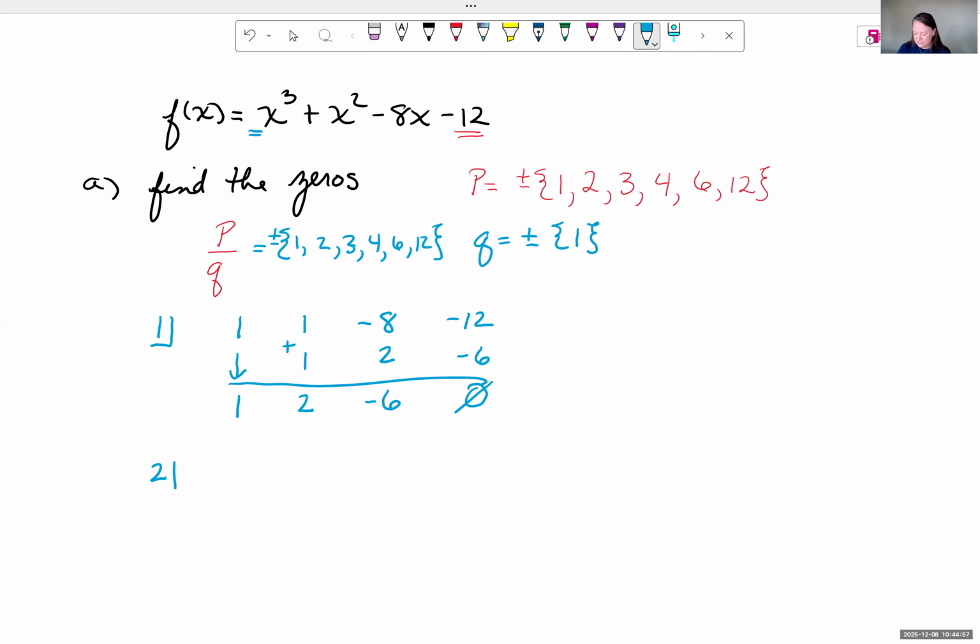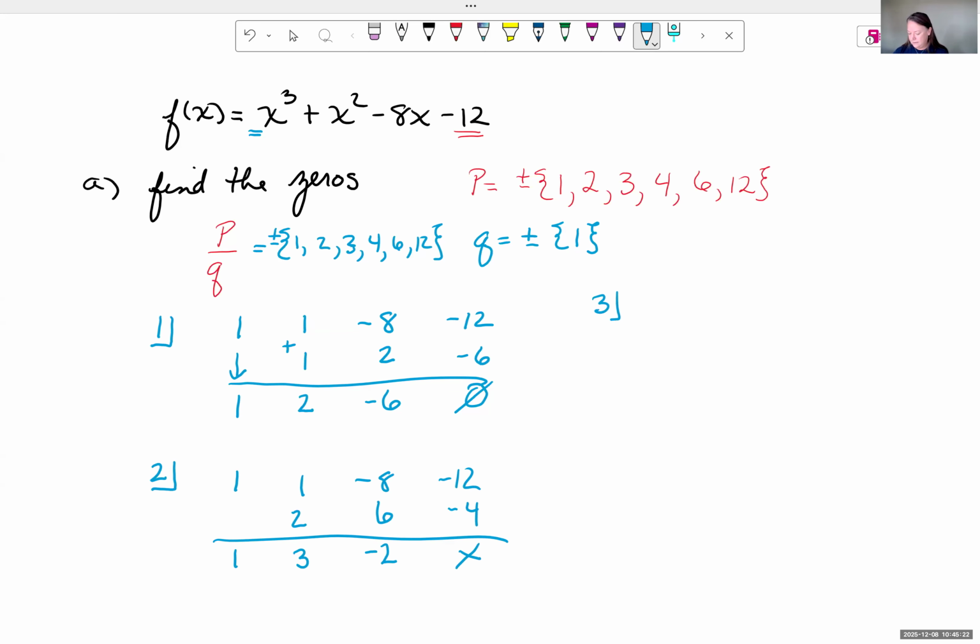So then I just go down to my next number, 2. Again, writing the same coefficients, 1, 1, -8, -12. So bringing down the first number 1, 2 times 1 is 2, 1 plus 2 is 3, 2 times 3 is 6, -8 plus 6 is -2, this is -4, it's not going to work.